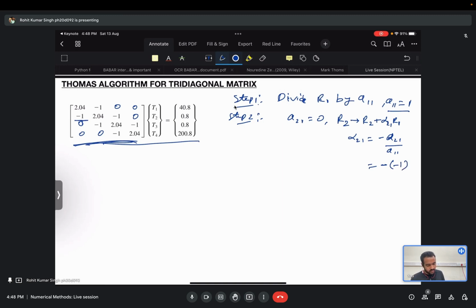So let's go step by step and do step 1 and step 2 for this matrix here.